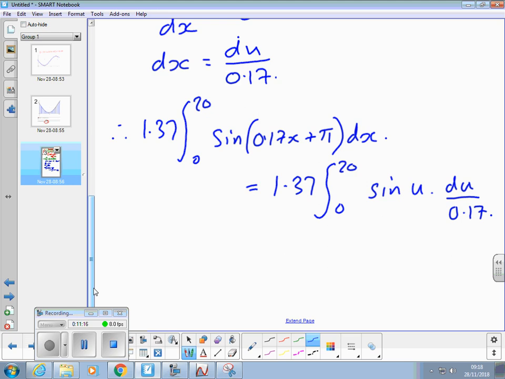Okay with that? This is a constant, so we could write that bit as 1 over 0.17 du. What can we do with constants?